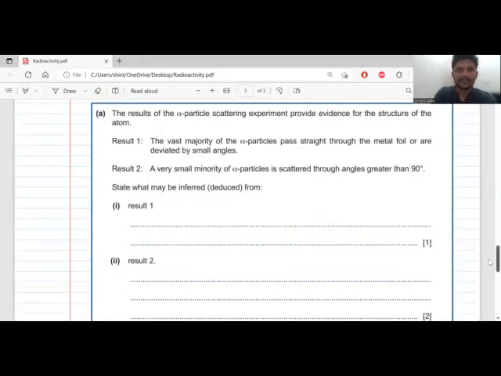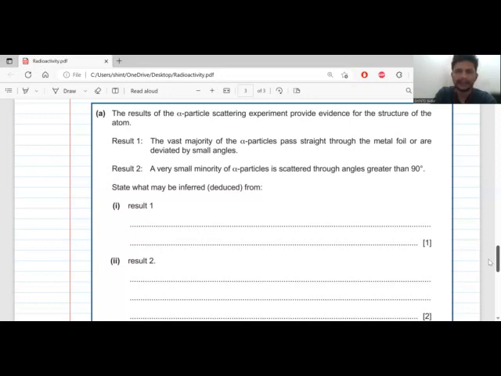Based on the topics that we have discussed today, let us analyze one question from the March 21 paper. You're given alpha particle experiments and its two results. The first result is that the vast majority of alpha particles pass straight through the metal foil or are deviated by small angles. Result 2, a very small minority of alpha particles is scattered through angles greater than 90 degrees.